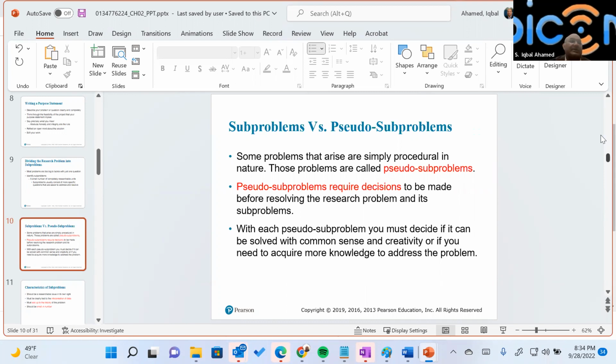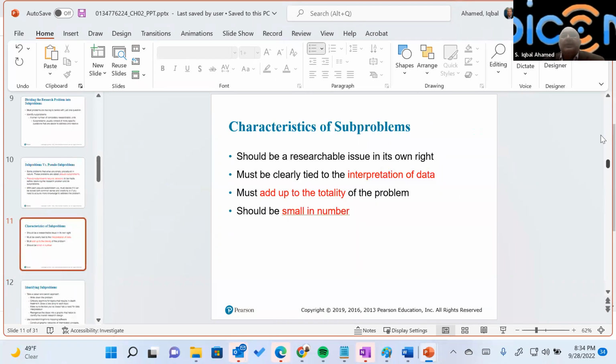Pseudo sub problems go in your problem domain, and we should really move them into sub problems, because then you are really addressing something, and for that you have a solution. It's precise. So how to address a sub problem?